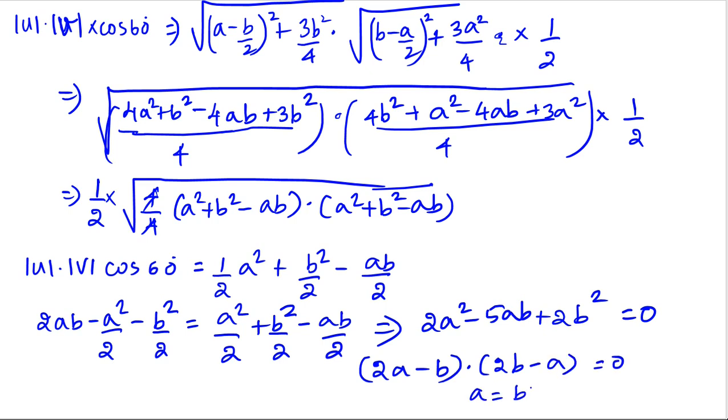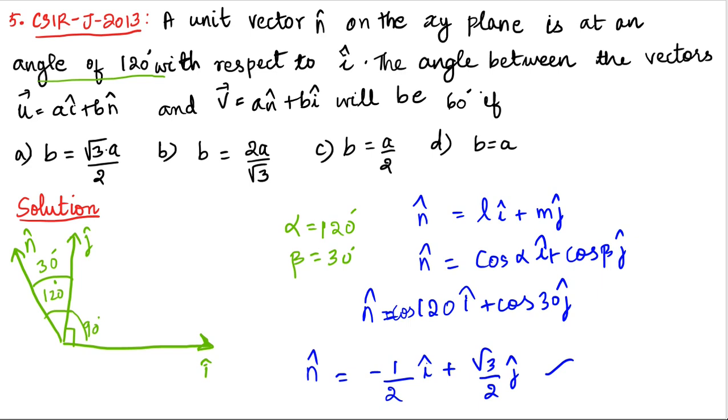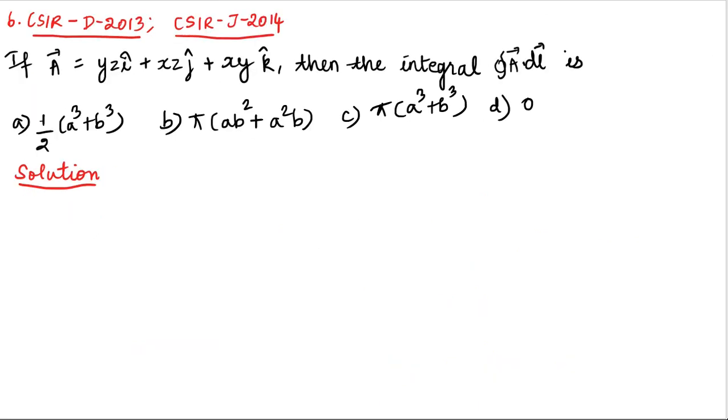So a can be b by 2 or b can be a by 2. So this is your answer. So when theta is 60 degree, either a can be b by 2 or b can be a by 2, which is option C. So I hope you get this. This is a long simplification but an easy problem.